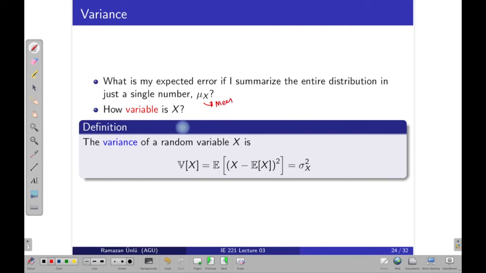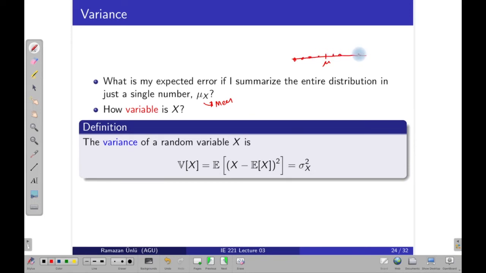And I can ask this question in a different way, and I can ask how variable is x. So what is the variability of x? So to make it more clear, let me show you something. Let's say I have some numbers and this point corresponds to the mean of all these points.